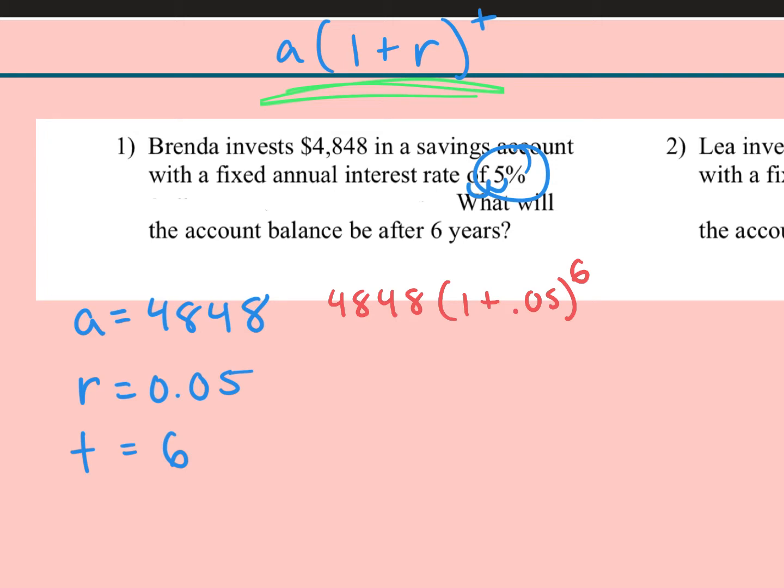You do 1 plus 0.05, which is 1.05. Yes, we do that first. So 1.05 because we do the parentheses first. No, we add. I just put a line there to tell you we do this first. I'll put it in a box. That's first. So 1 plus 0.05 is 1.05.